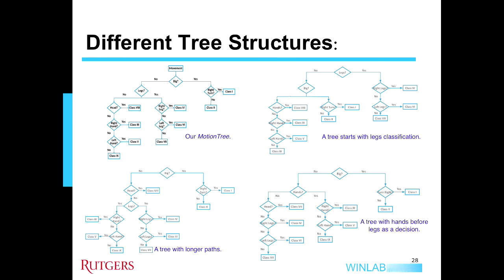This tree is similar to our tree, but instead of asking legs, we're asking heads. Heads has lower accuracy than legs because in some way it's combined with hands. So we want to provide the same accuracy as if we ask legs before. We end up with this tree as the best tree structure that we can go ahead with.